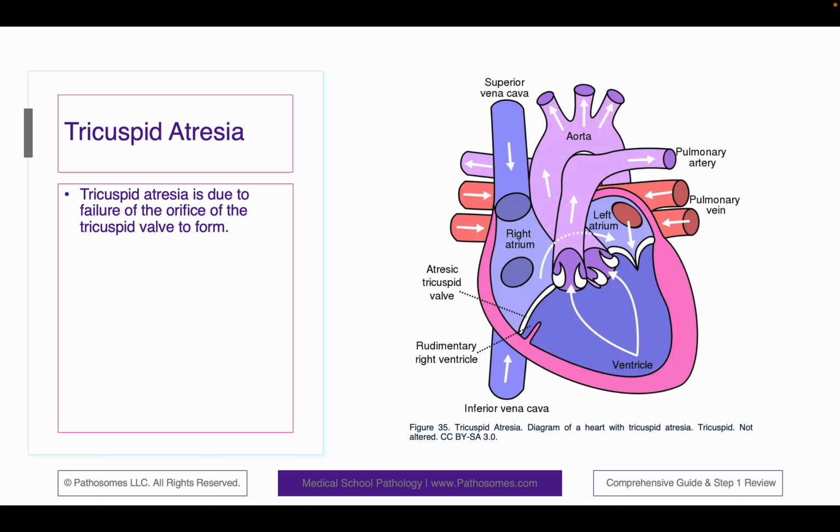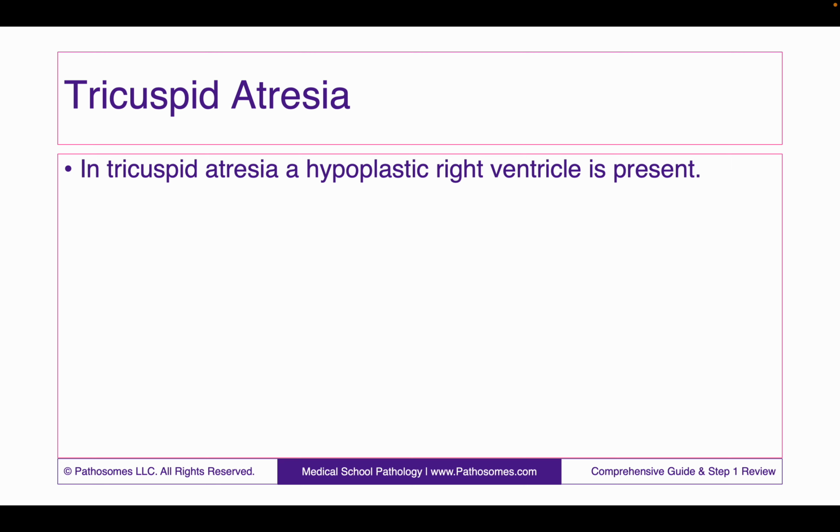Now let's talk about tricuspid atresia. Tricuspid atresia is due to failure of the orifice of the tricuspid valve to form. In tricuspid atresia, a hypoplastic right ventricle is present.